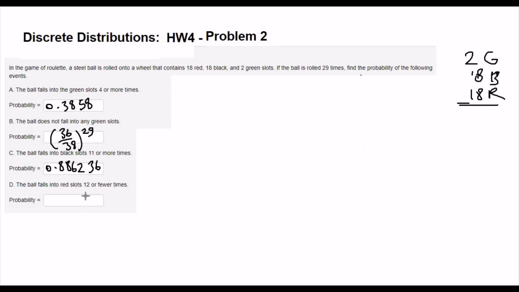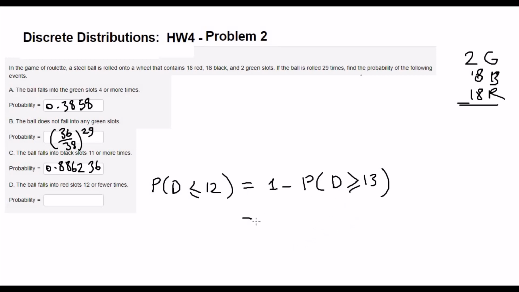The last part of the problem is again binomial. This time we're going to calculate that the ball falls into red slots 12 or fewer times. Okay, so the probability of D being less than or equal to 12 times is the same as 1 minus the probability of D being greater than or equal to 13 times.